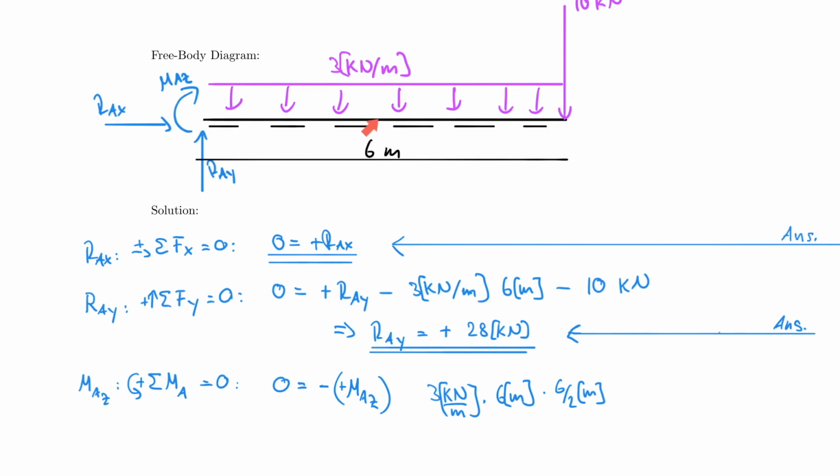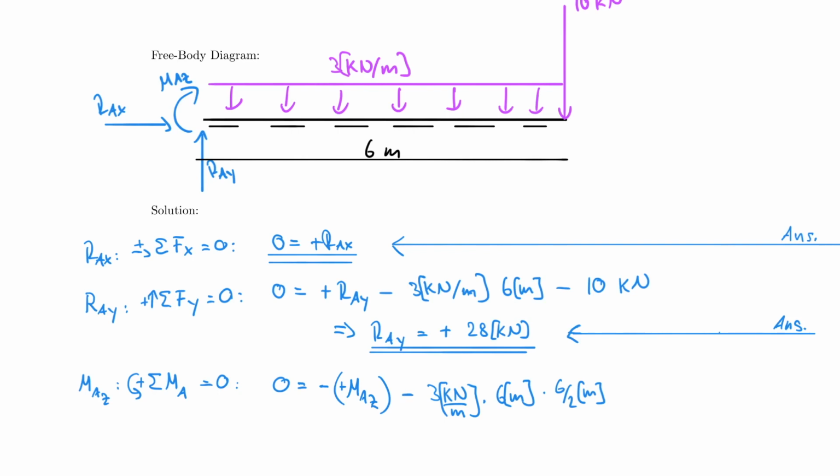I see that being confused sometimes in the classroom. Of course, we take the moments about this point as indicated right here, and therefore the lumped force distance is from here to here, like wherever that center is of this beam. And so the entire force will rotate this way, which is clockwise, and that makes it negative.